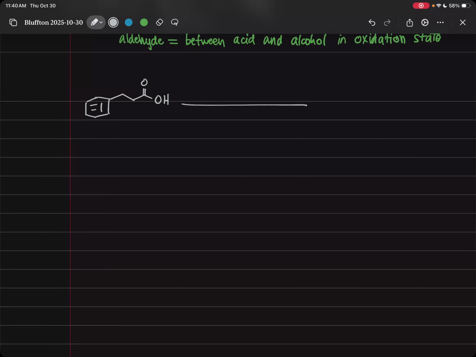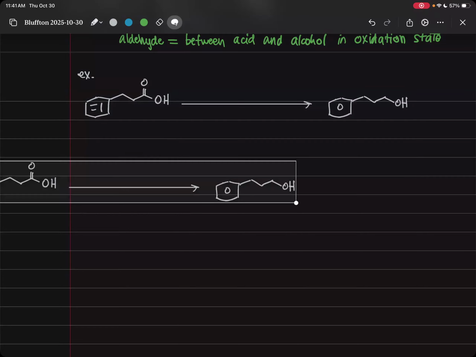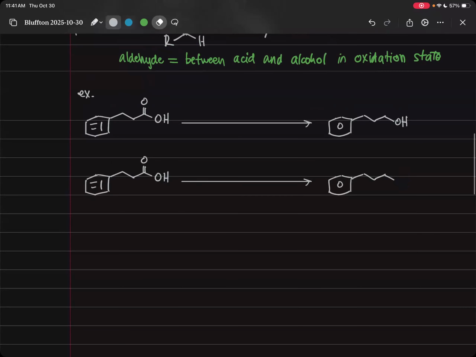And let's say that we want to make that alcohol. But also, we want to make the aldehyde.